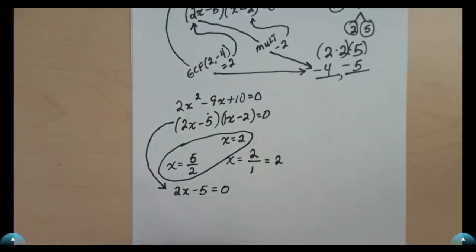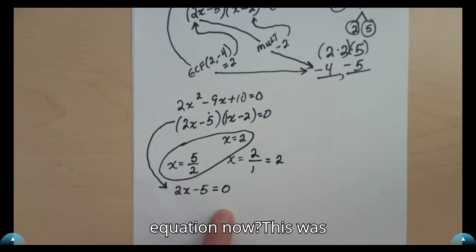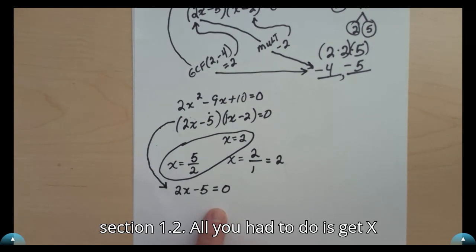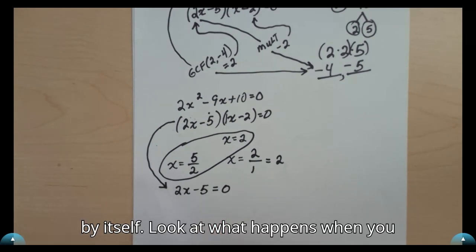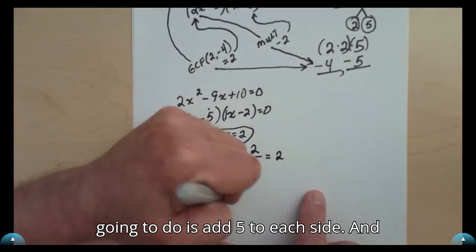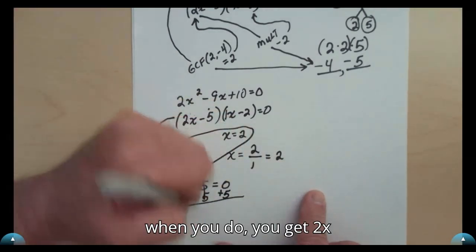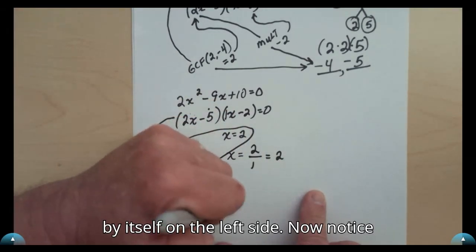Do y'all agree? Don't we all know how to solve this equation now? This was section 1.2. All you got to do is get x by itself. Look at what happens when you do that. Well, the first thing you're going to do is add 5 to each side. And when you do, you get 2x by itself on the left side.